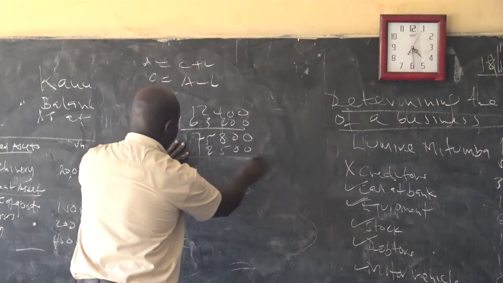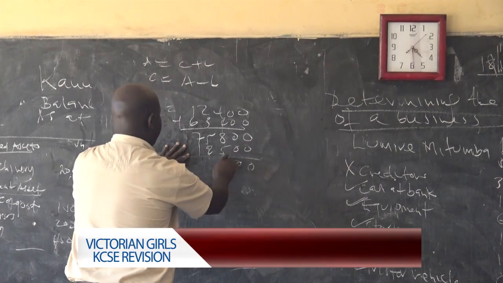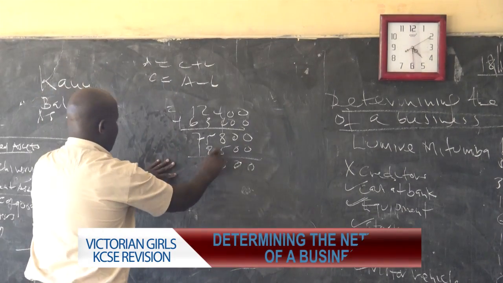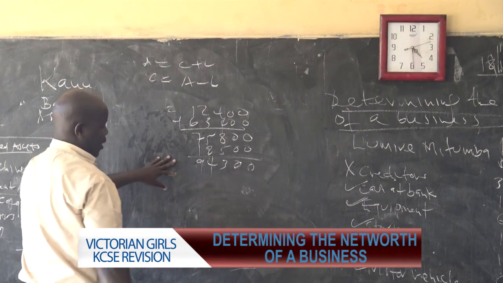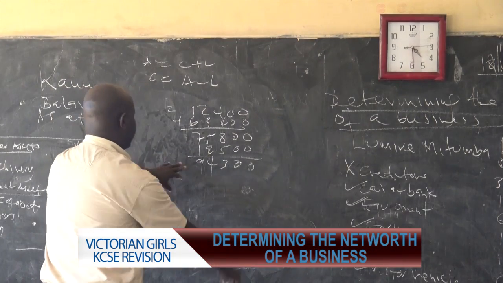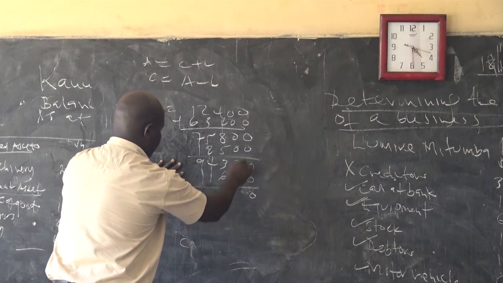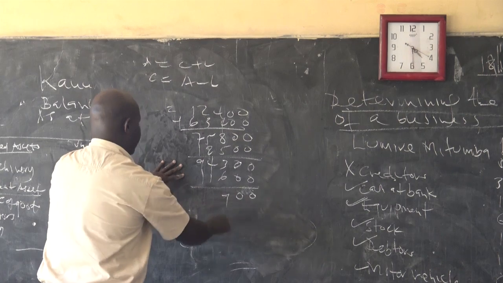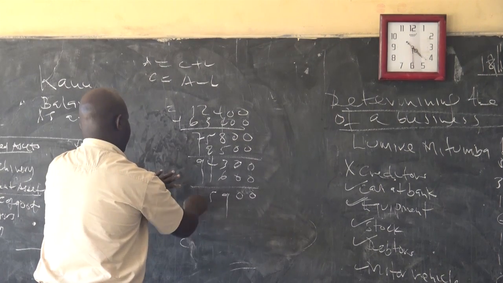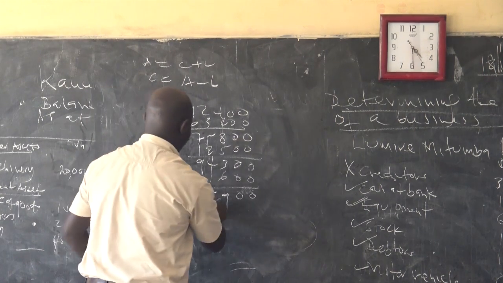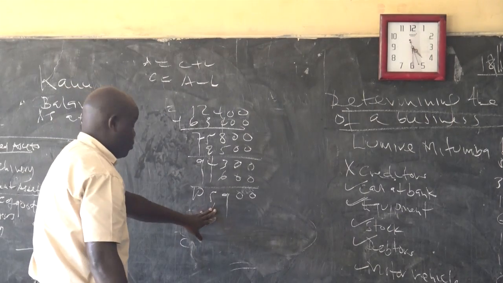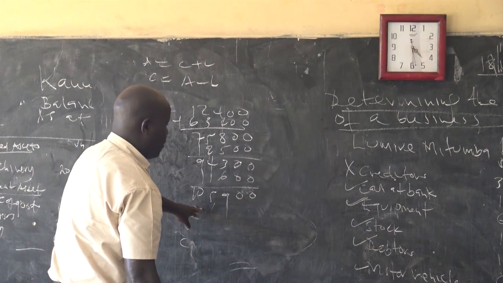How much do you get? 0, 0, 3, 4, 9. Correct. You go to how much? 0, 0, 9, 5, 10. Right. That is 105,900. 105,900.